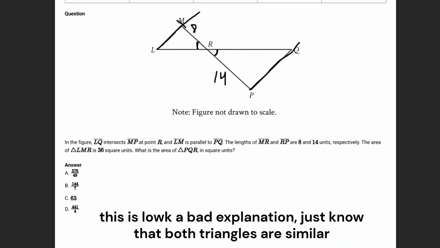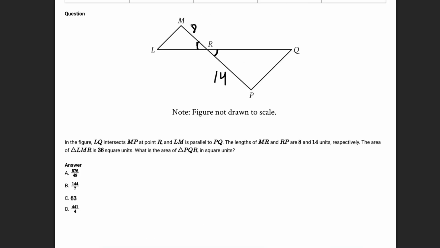So these two triangles are similar. You don't really have to prove it. It's kind of obvious that's what they're saying here, because how else could you solve for the area of PQR if they weren't similar?